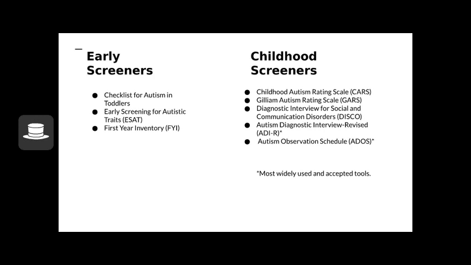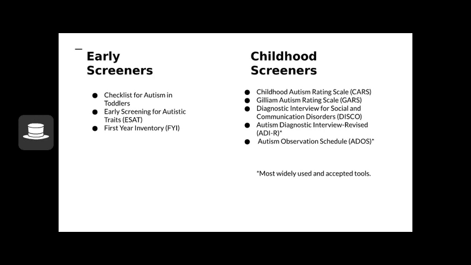The childhood screeners are those that are used a little bit later, either after a child is 3 or when they're in a school setting. There is the CARS and the GARS, which is very popular, the Childhood Autism Rating Scale and the Gilliam Autism Rating Scale. The DISCO, or the Diagnostic Interview for Social and Communication Disorders, and then the ADI and the ADOS.